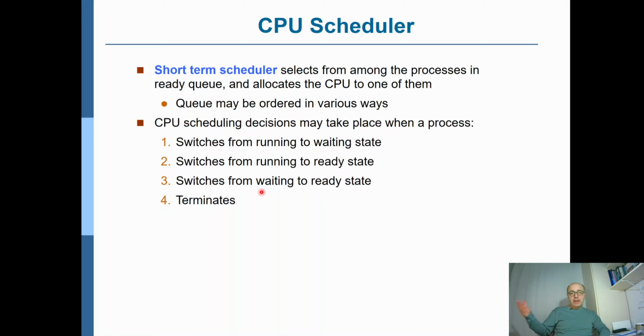Therefore, an interrupt has been raised by that I/O device to the CPU saying something happened, and the CPU handles that interrupt to see what that interrupt is. Okay, that's an I/O operation completion. So which process was waiting for this event? Say process P1 was waiting for this event. So process P1, which was in the waiting state, can now proceed, okay?